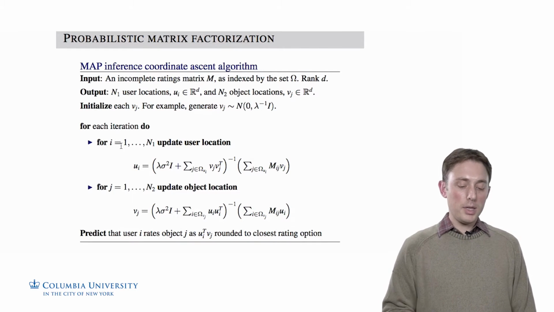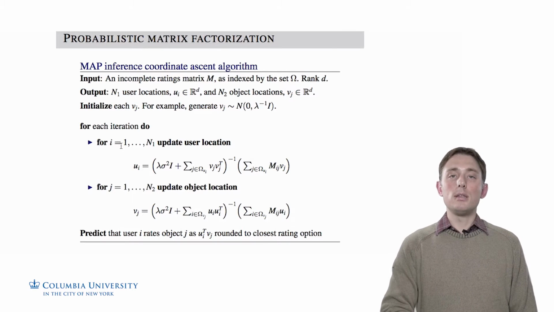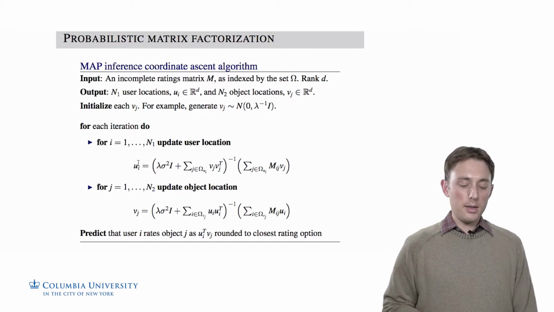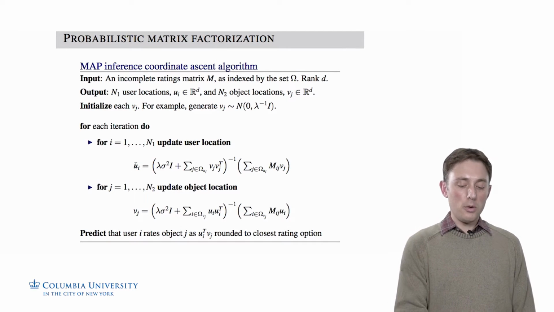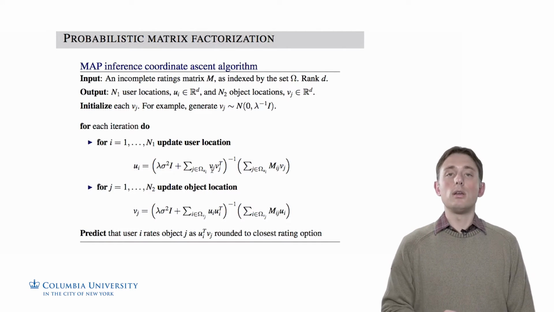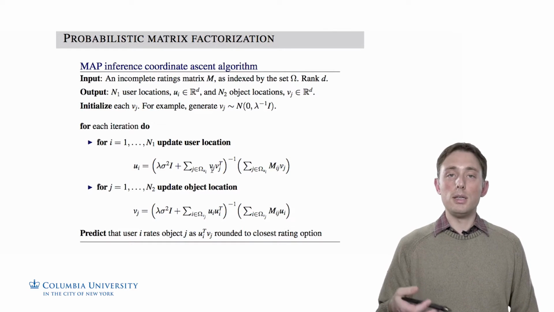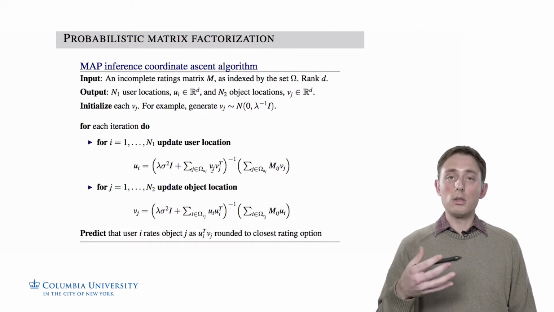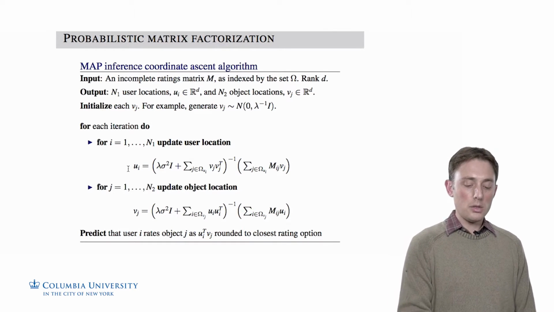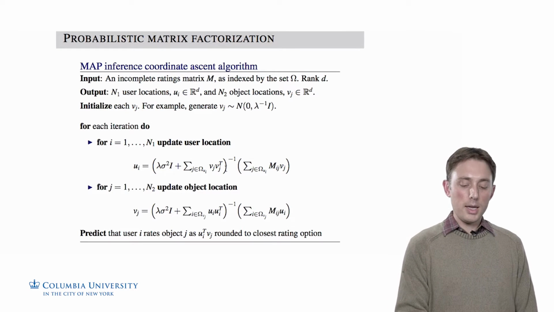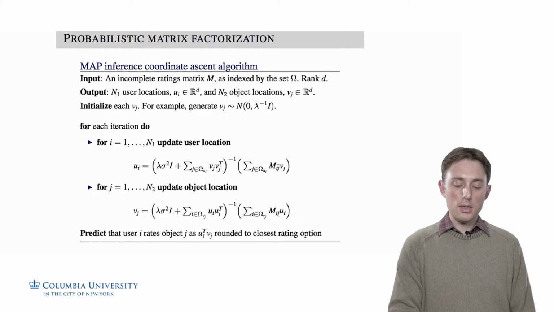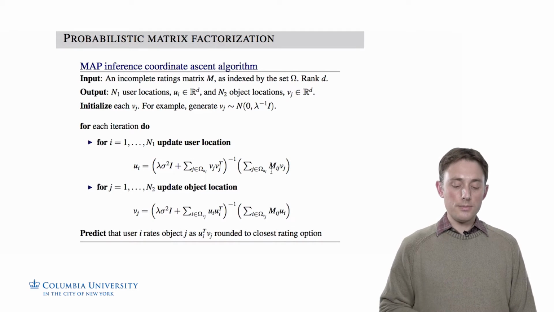First, within a particular iteration, we update each of the N1 user locations by maximizing the objective over each user location given the current values of all of the objects, all of the locations of all the objects. So we solve this equation, plugging in the current locations of the objects and using the data here.